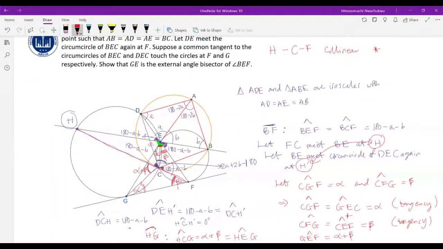So we got that this angle here is also equal to alpha plus beta. And since this angle here is also equal to alpha plus beta, what do we have? We have that we're done. We have that angle HEG is equal to angle GEF. And so we have that GE is the external angle bisector of BEF.